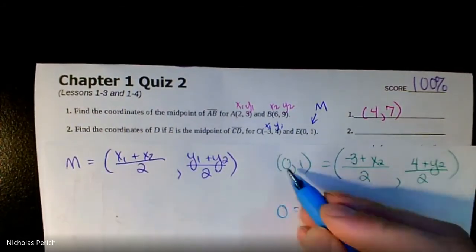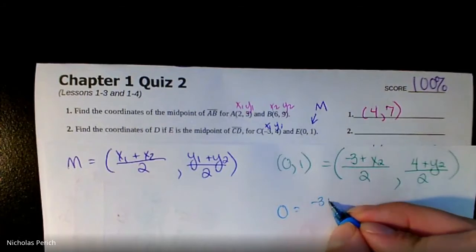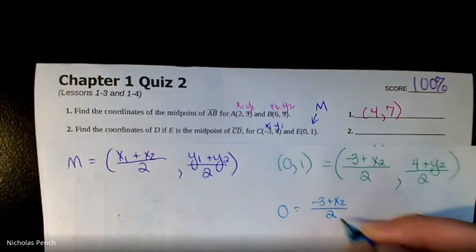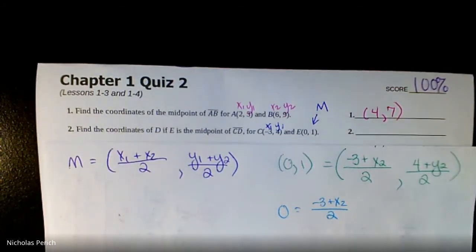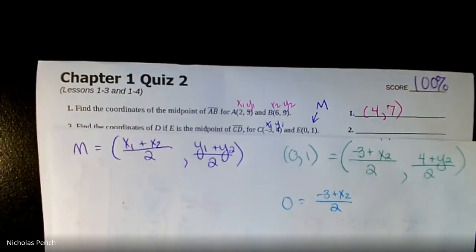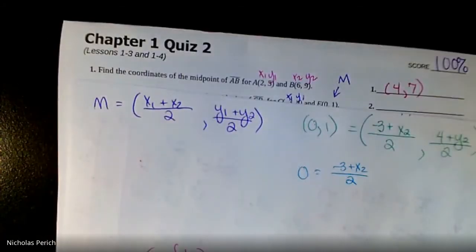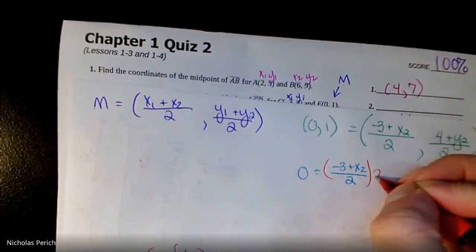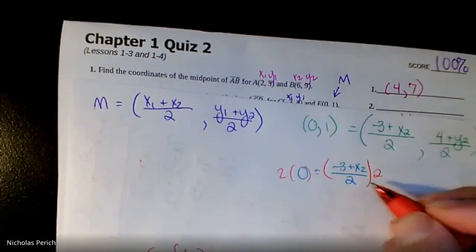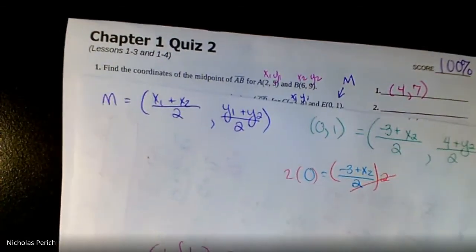I say the x part is 0, and the x part is going to equal -3 plus x sub 2 over 2. I multiply both sides by 2 to get rid of the 2 on the bottom there.